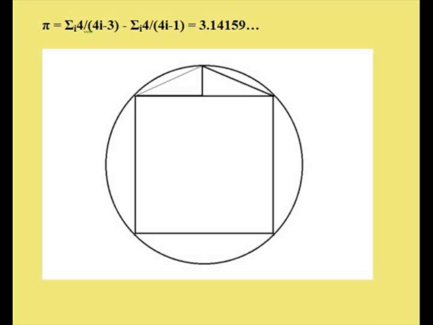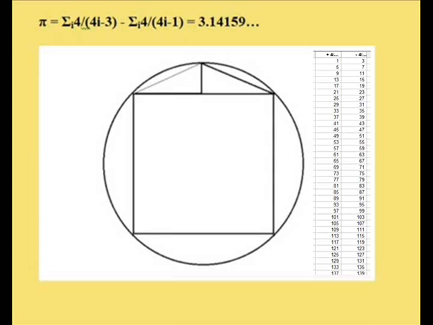You just keep adding that up and you get pi, 3.14159, etc. Here, let me show you. It's 4 divided by 1 minus 4 divided by 3 plus 4 divided by 5 minus 4 divided by 7 plus 4 divided by 9, minus 4 divided by 11, and so on, and so on.